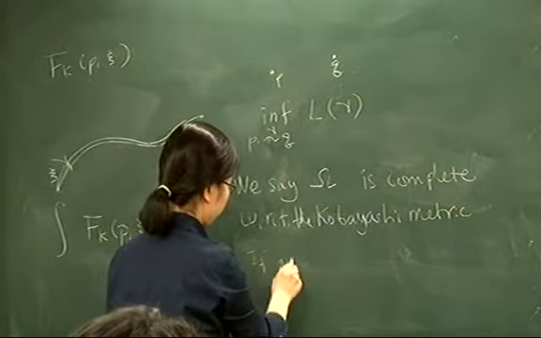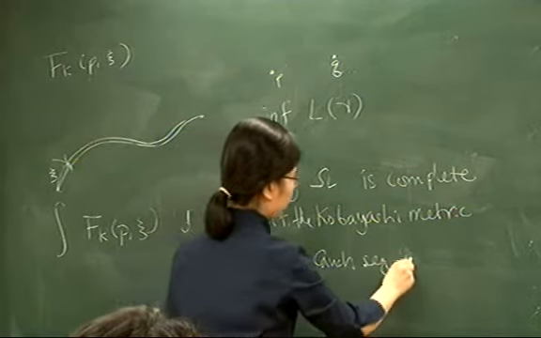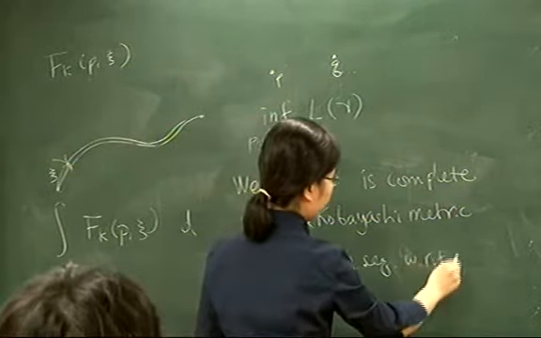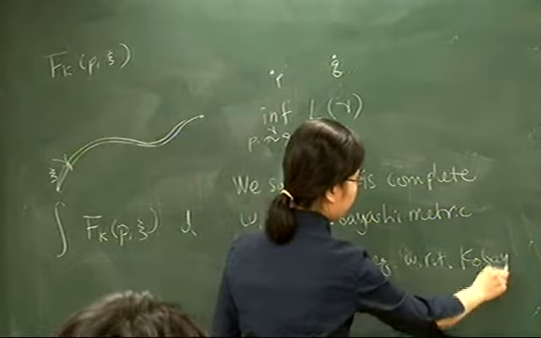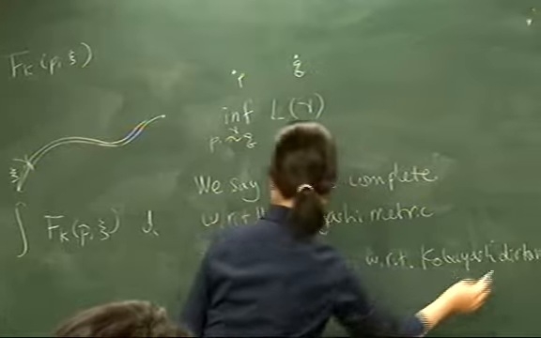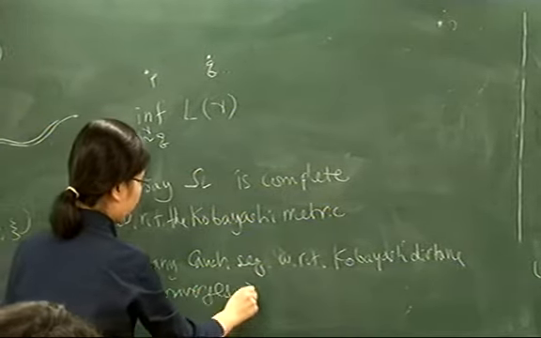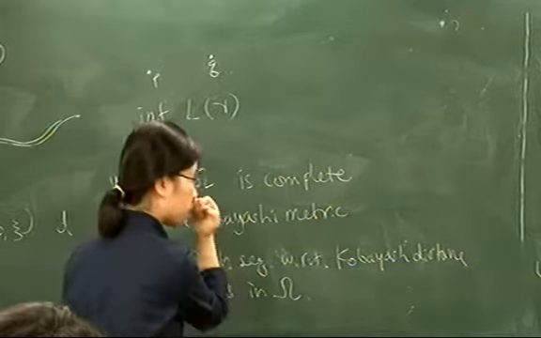If any Cauchy sequence with respect to Kobayashi distance converges inside the domain omega.